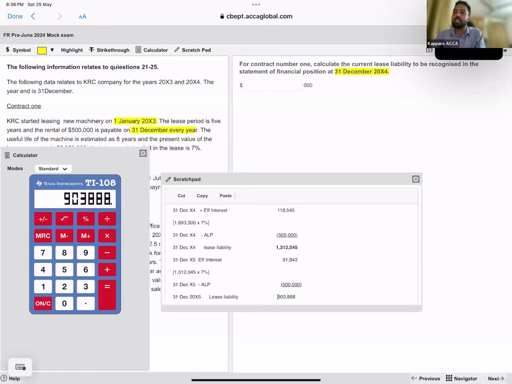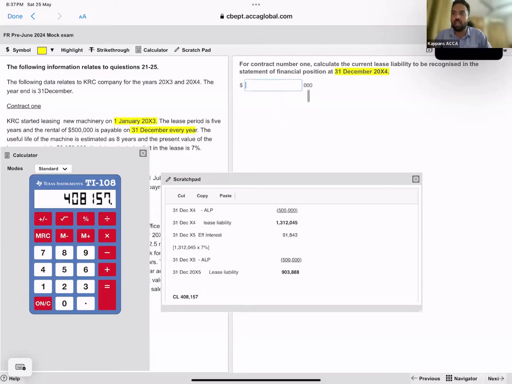So as discussed earlier, the current liability on 31st December X4 will be the difference between 1,312,045 minus the next year lease liability 903,888. So the answer is 408,157,000. So the current liability is 408,157,000. Now be very careful, they're asking you to round off to thousands. So it will be 408,000.